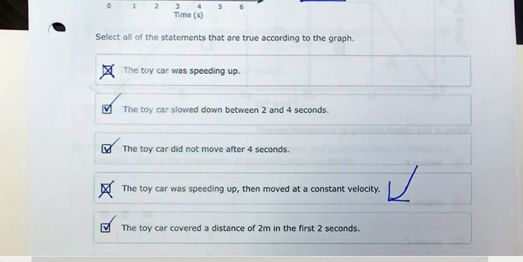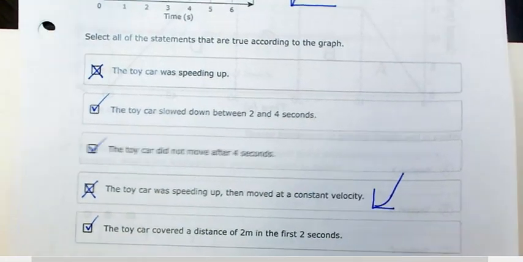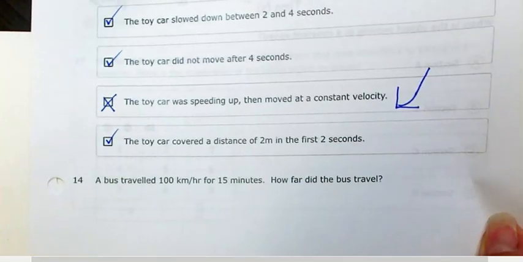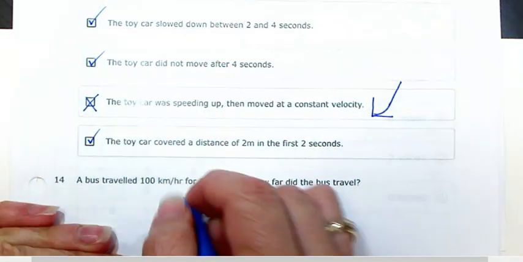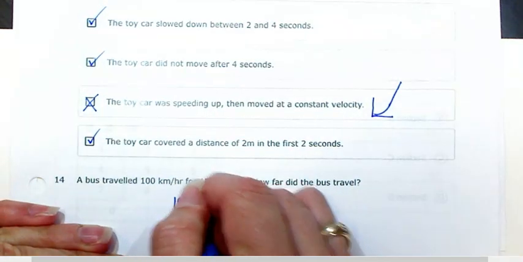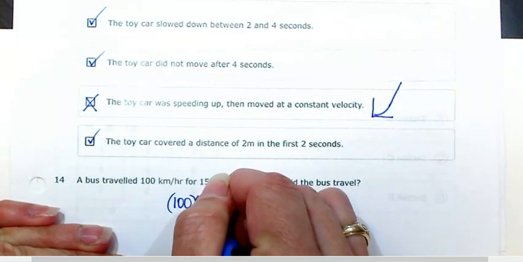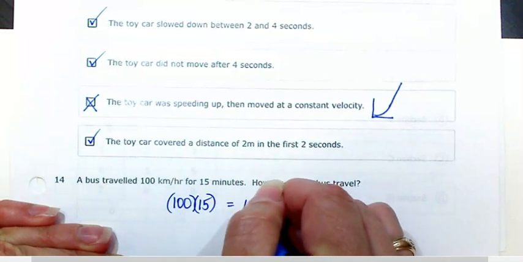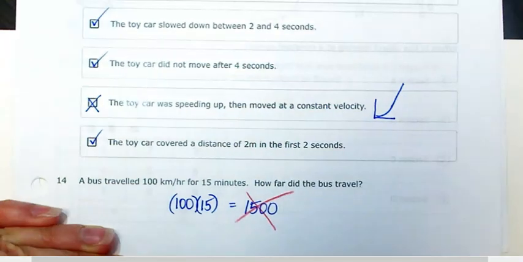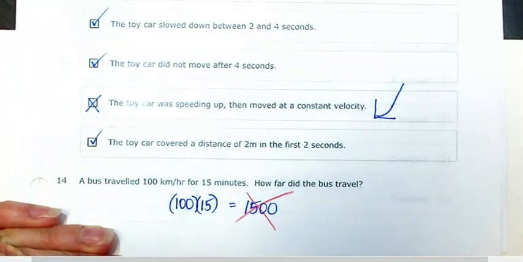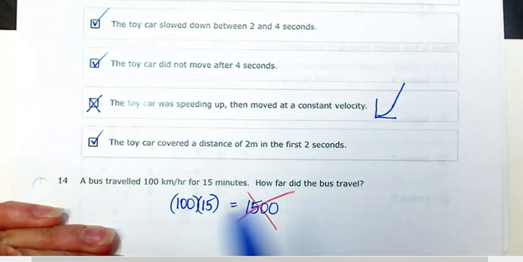Okay, number 14, a bus traveled 100 kilometers per hour for 15 minutes. How far did the bus travel? All right. This makes me want to cry. A lot of people are like, hey, 100 times 15, and they say 1,500. And that is wrong. Okay, if you did that, here's what you didn't do.